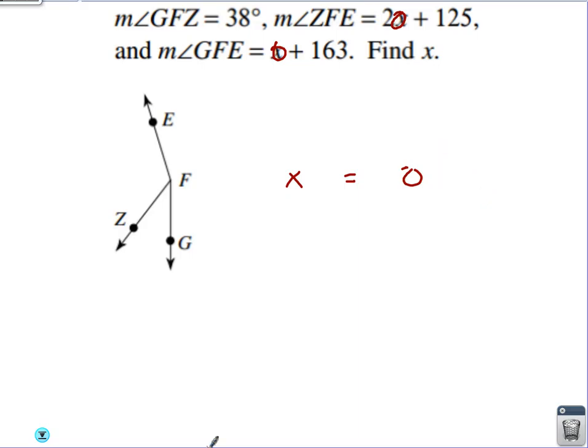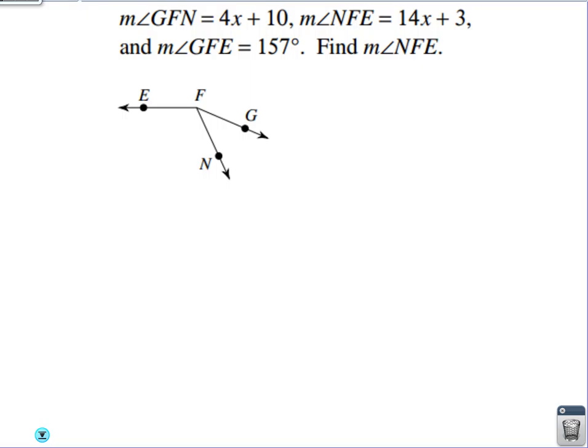That means the measure of GFZ is still 38. ZFE is 2 times 0 is 0 plus 125, which is 125. And the whole thing is 0 plus 163, which is 163. And you check it: 38, 125, does it give you 163? Yes. That is the only x value that, when plugged in, will make it a true scenario.